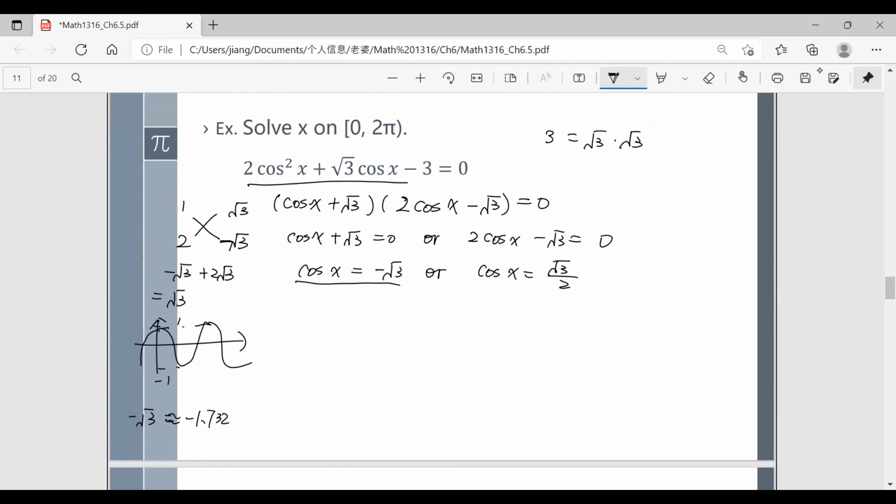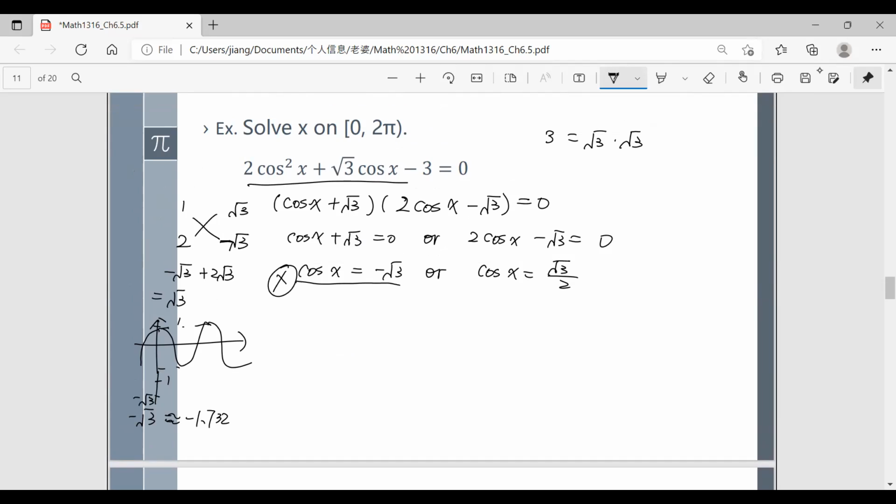So I can't choose this one, because cosine equals -1.732 is impossible, since the minimum is -1. There's no graph at y equals -1.732 here. So I can't choose this one.